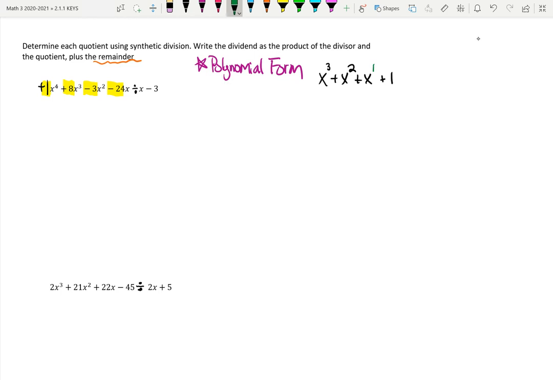And if you want to think about this instead of just a number, you could think of it as x to the 0 power, because x to the 0 power is equal to 1. If I do 1 times x to the 0 power, that's actually saying 1 times 1. So it doesn't change it by including it. This is all just extra. But what I'm trying to show you is that you need to have it in this order.